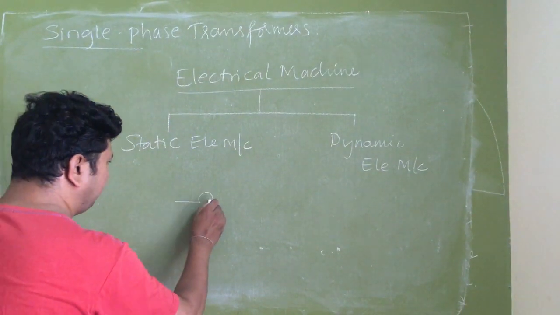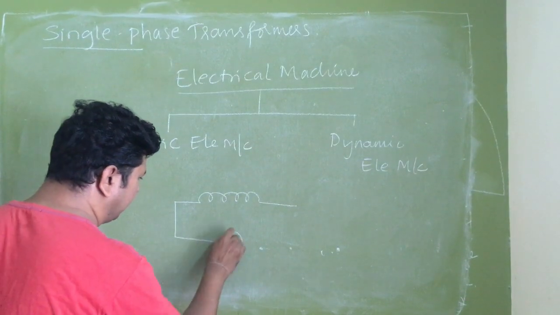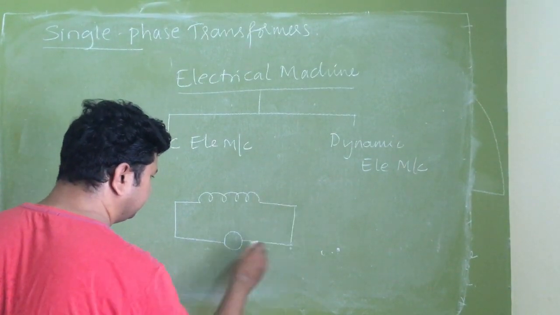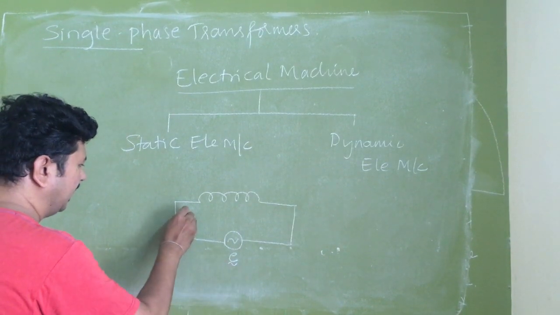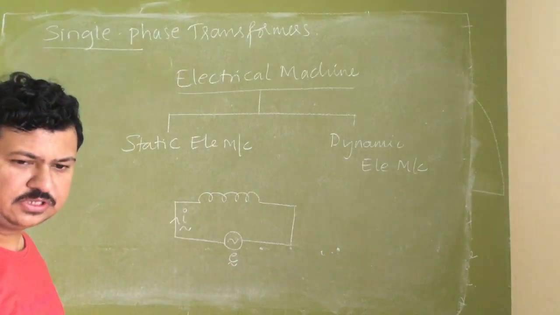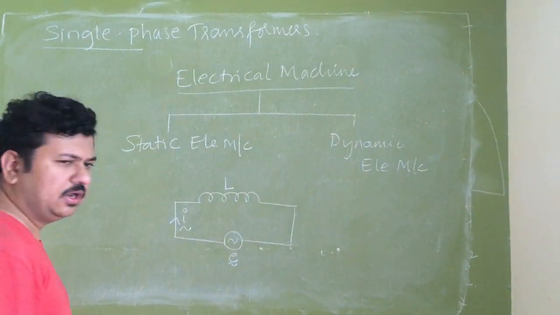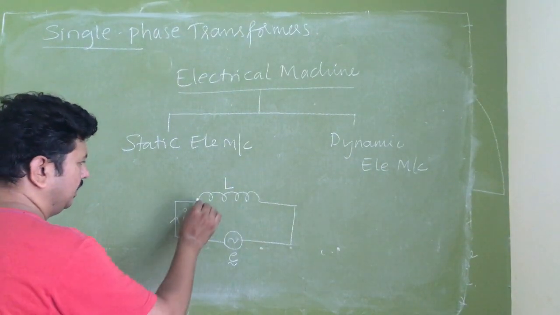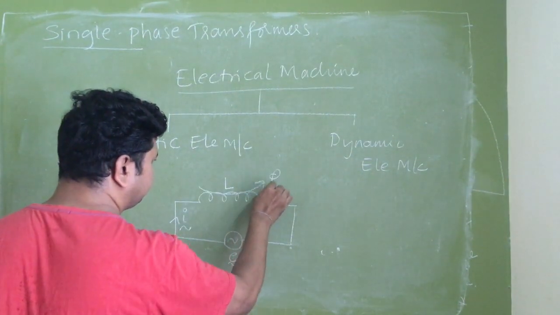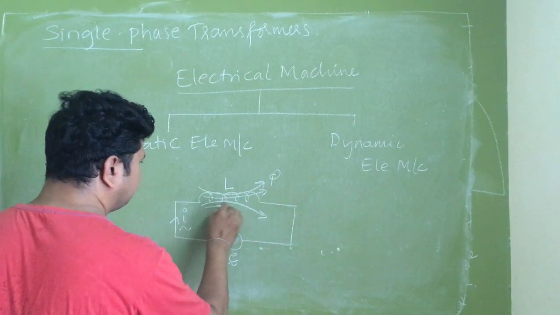Now if I have a coil, and to this coil I provide an alternating voltage of E volts, then a current of I amperes will flow, which is also alternating in nature. This coil has an inductance of L, and when the current flows through the inductive coil, a flux is produced.